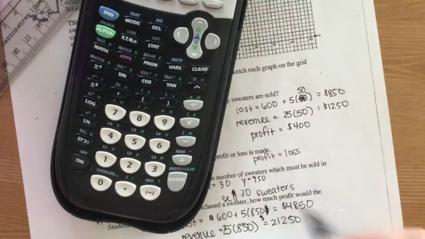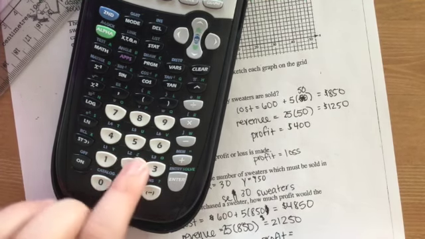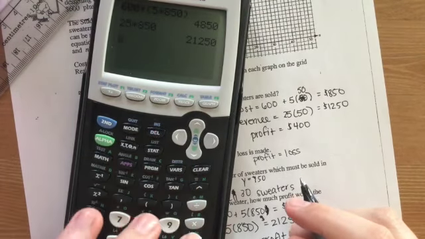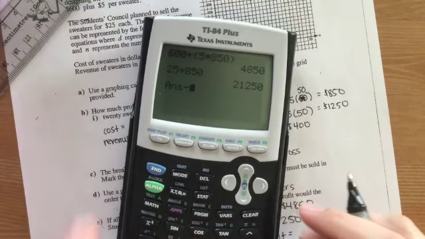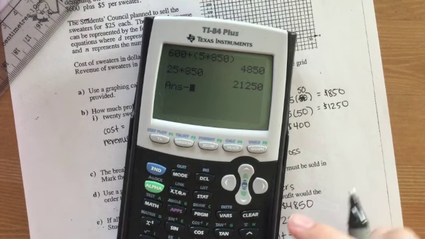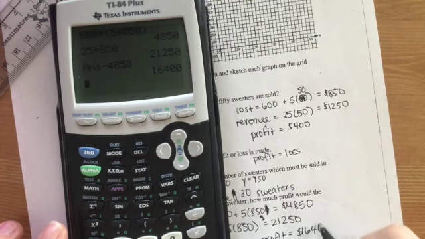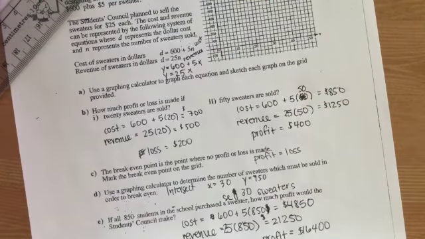And it says, what was the profit? So profit is your revenue minus your cost. So you can see there, if I just hit the subtraction sign, it's going to record answer. I'm going to take away my costs. $16,400 would be my profit.